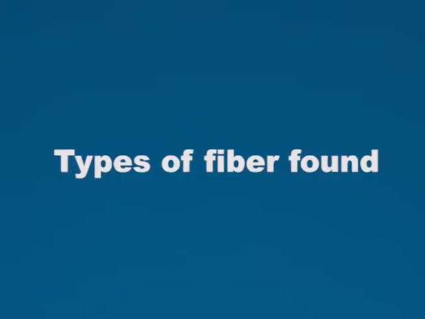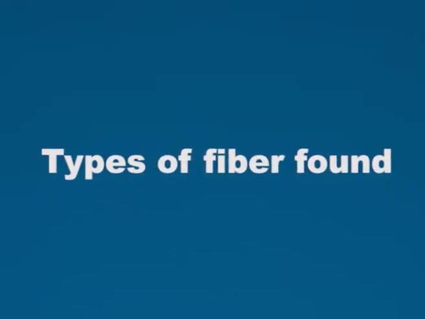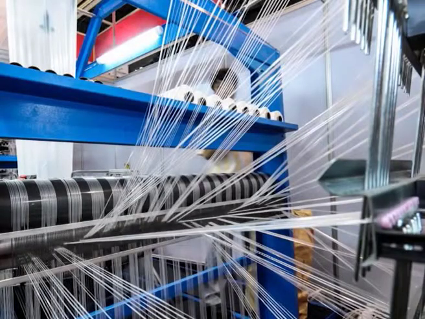Coming to the type of fibers found. The probative value of the fiber evidence found at the scene of crime is affected by its rareness or commonness. In textile production, cotton fibers are the most commonly used fibers of plant origin.